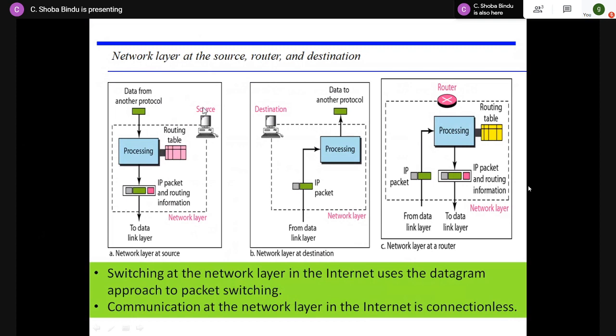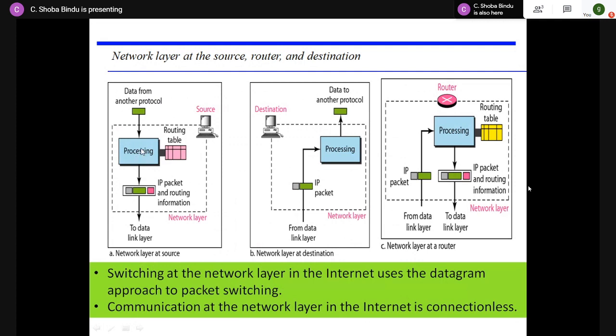When we look at the network layer at the source, at the router, and at the destination, this is how the network layer at the source will be functioning. The network layer receives the data from the upper layer, that is the transport layer.